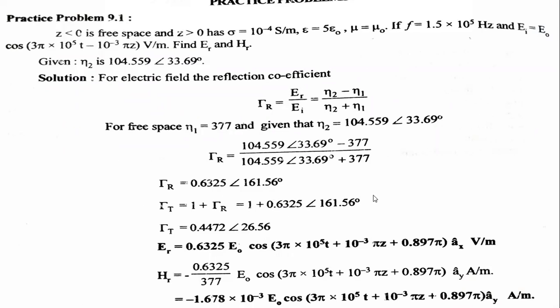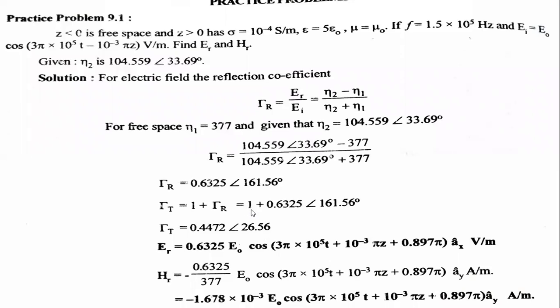Here, what we need to do directly? This one is in the rectangular form, and this one is in the polar form. So first of all you need to convert this polar form into the rectangular form, then you need to add the real term and the real term.